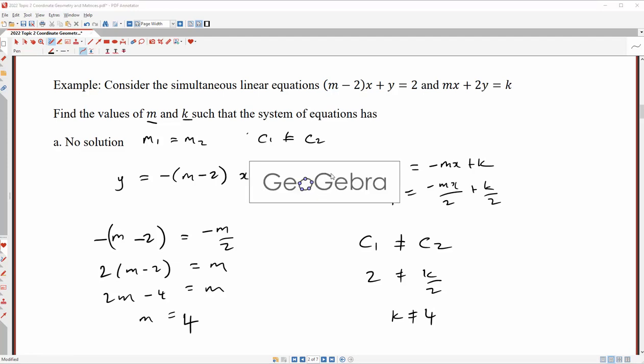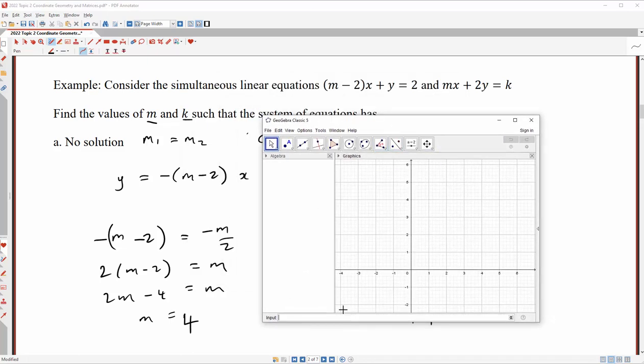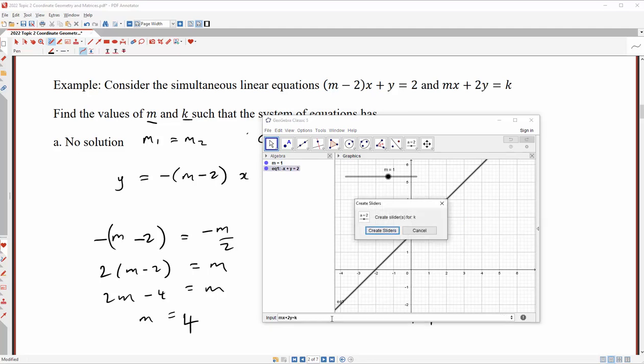Let's just see what that might look like, and I'll draw both of these graphs in GeoGebra. The first one is (m take 2)x plus y equals 2, and the second one is mx plus 2y equals k. That's not going to work the way I want. I need to multiply between them.